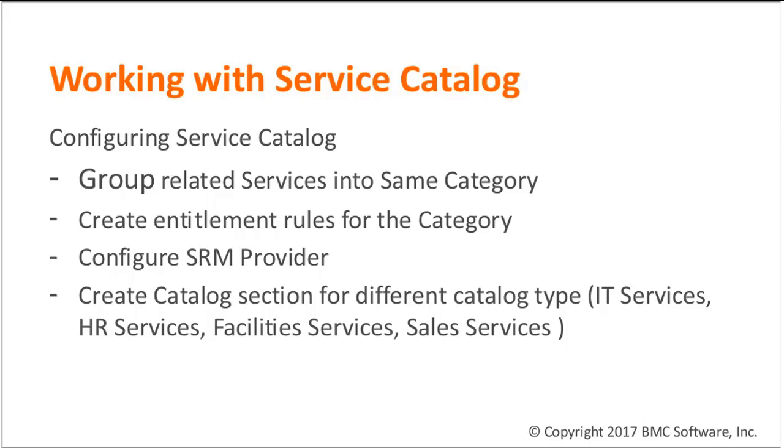The second key point to note when creating the SRDs and the category is the entitlement part. When you create entitlement for each service or category, make sure that you create entitlement based on the correct groups, and that it is for the category rather than having extremely complex entitlement.